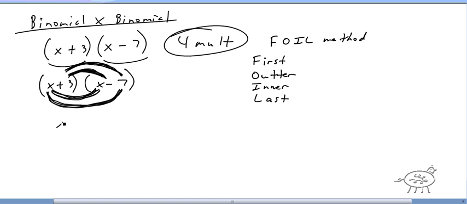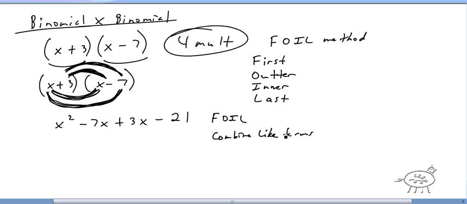We have x times x is x squared. So it's first, outer, which is negative 7x, inner plus 3x, and last minus 21. And now we combine like terms. That's our last step. So we did FOIL, and then we combine like terms.